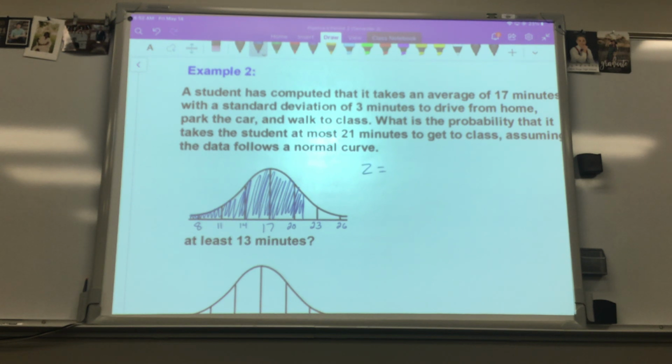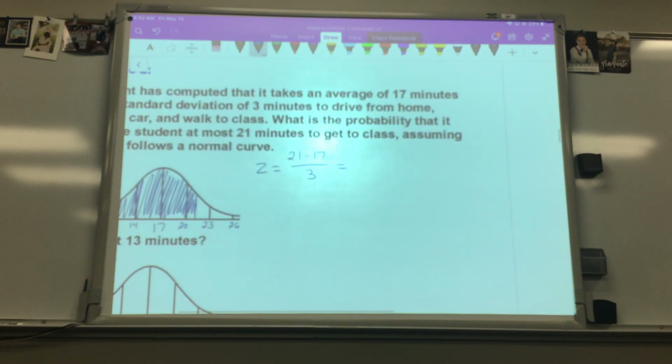We're looking for 21, right? So 21 minus the mean, or the average, over the standard deviation. That's 3 equals 4/3. That's 1.33 repeating, right? And I said, always round to the hundredths place. 1.33.